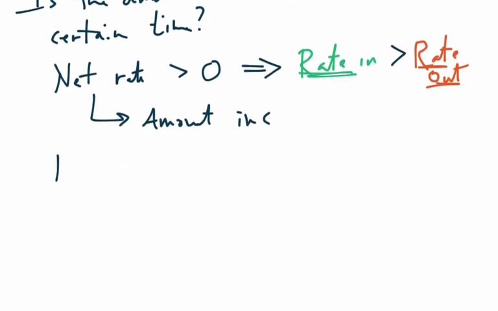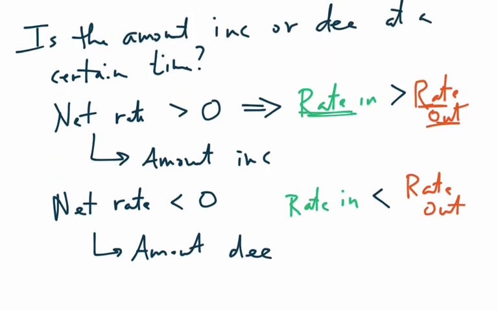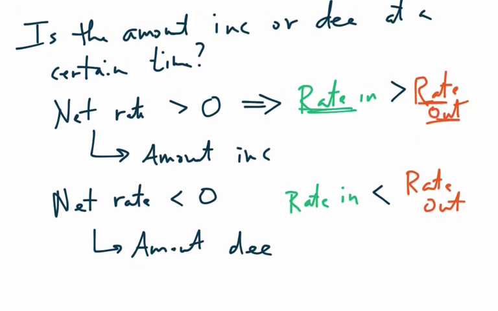And contrary, if the net rate is negative, that is, if the rate in is less than the rate out, then this implies that the total amount that you have will decrease. Cool. Also, I think this is the if and only if, or vice versa.